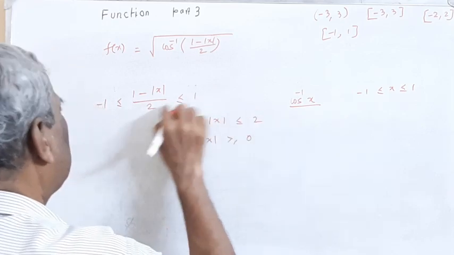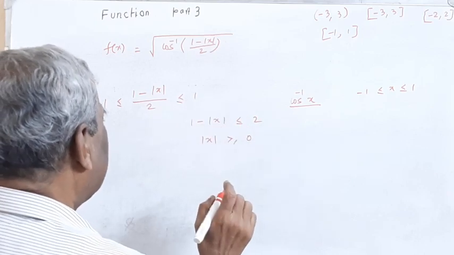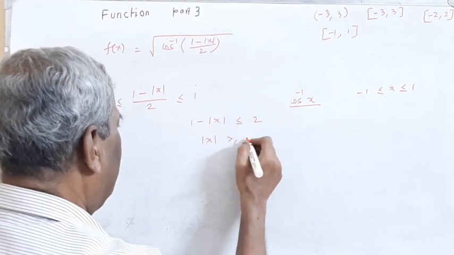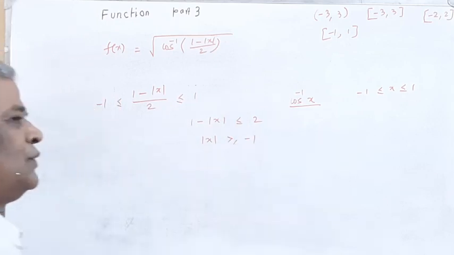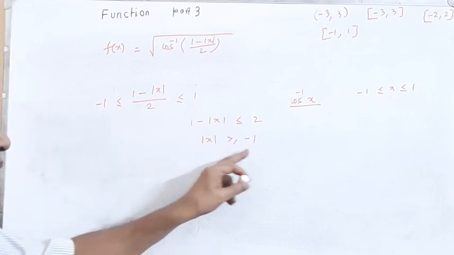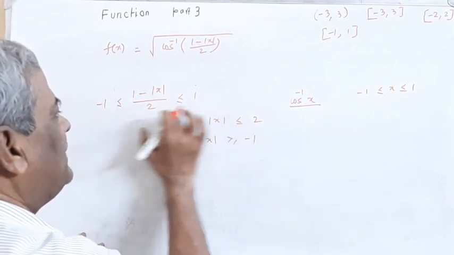It is 2. So mod x is greater than or equal to minus 1, it is obvious. And it is positive, so it must be greater than that. And I get it from that.